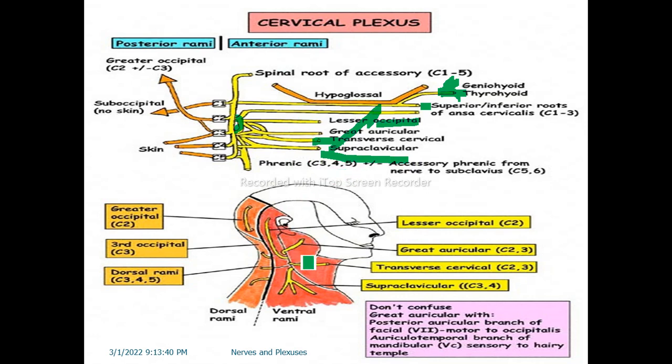And this is how they go. So this is greater auricular, this is lesser occipital, this is transverse cervical. Transverse, they go transversely to supply the anterolateral part of the neck, and this is supraclavicular. From this boundary, anterior to this are ventral rami, and posterior to this are dorsal rami.